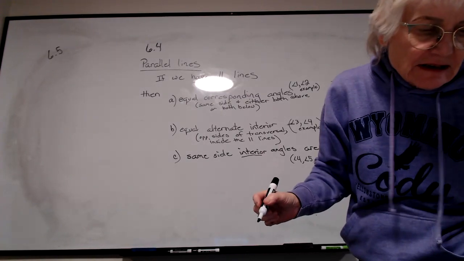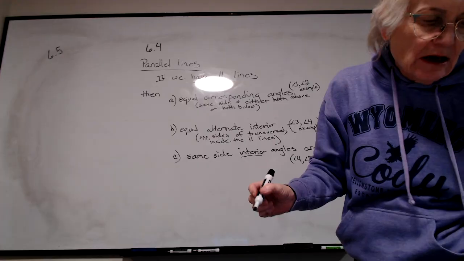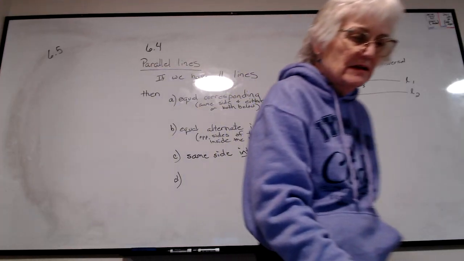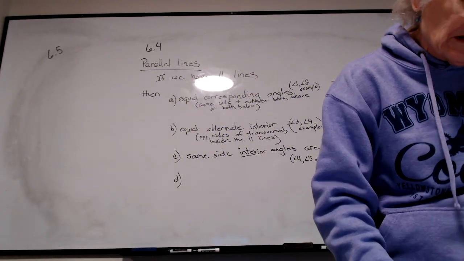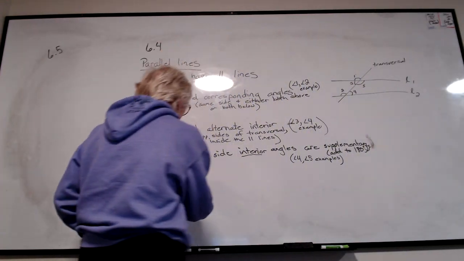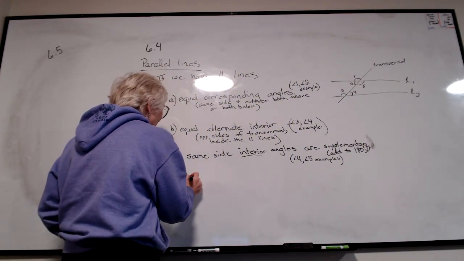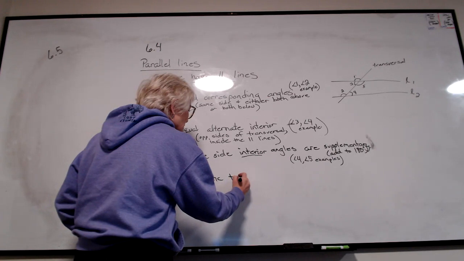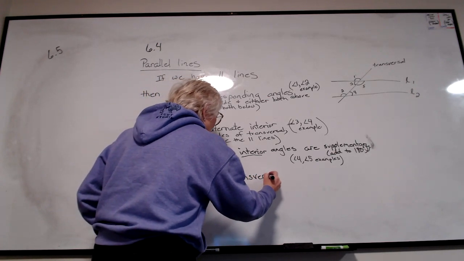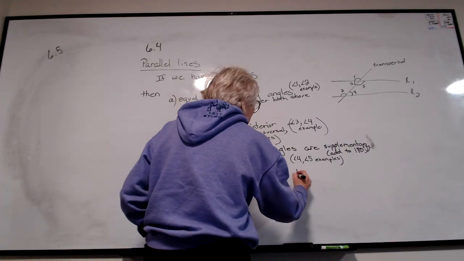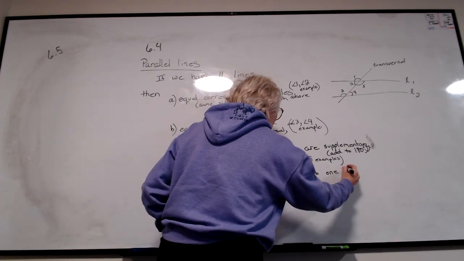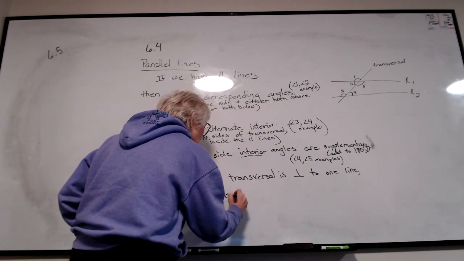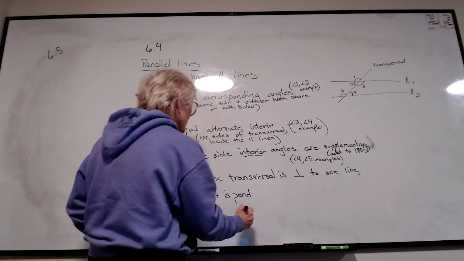And then our last one is D. Basically, if they're parallel and the transversal is perpendicular to one line, it's perpendicular to both, or to the other line.